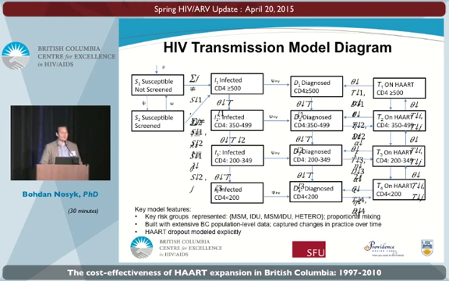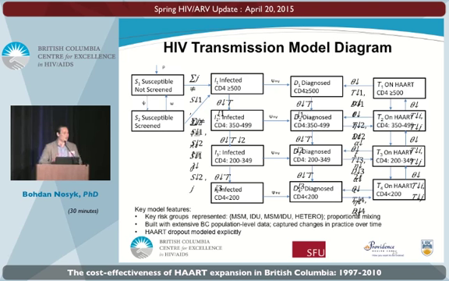Finally, after diagnosis, you can progress to being on treatment, and you can see that in the on-HAART states, your CD4 can both decline and also improve. A key modification in this model was the ability for people who were on HAART to subsequently drop out.